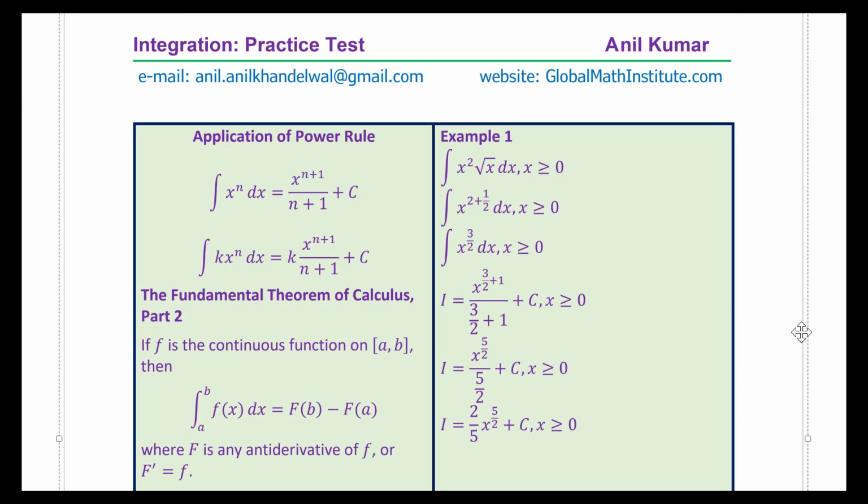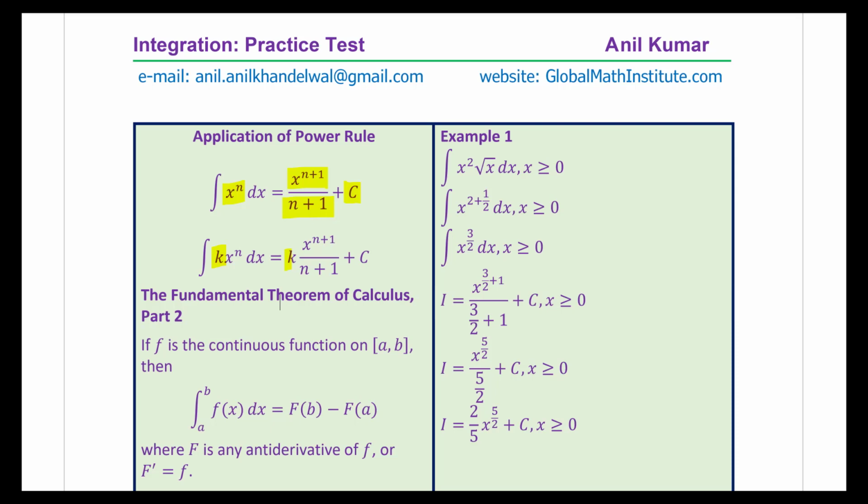Now, in this particular set, we have learned that the integral of x to the power of n is x to the power of n plus 1 over n plus 1 plus c, which is going to be applied. And when you multiply by k, then the integral also gets multiplied by the constant k.